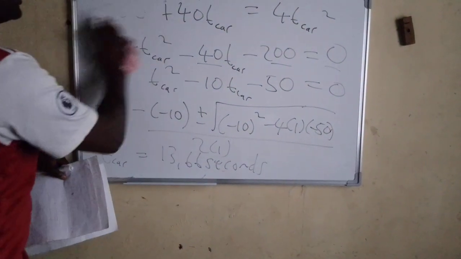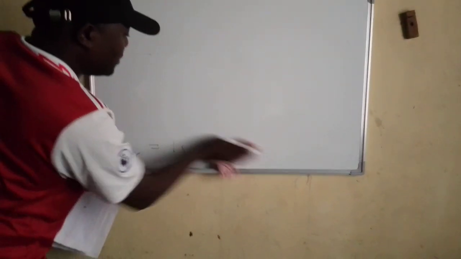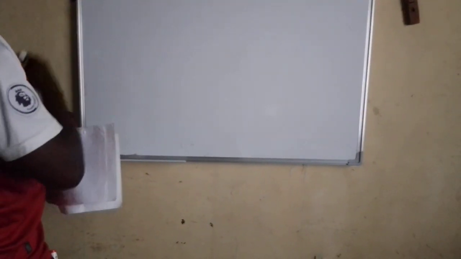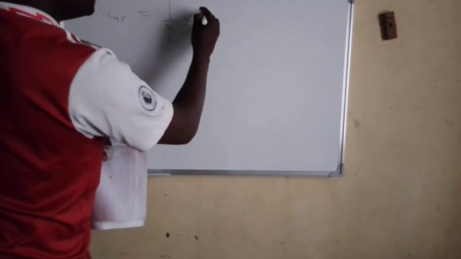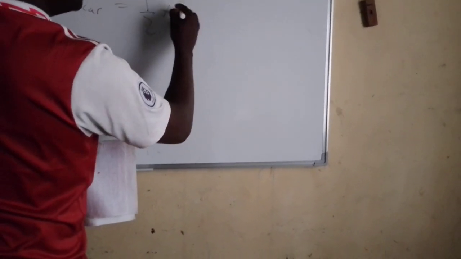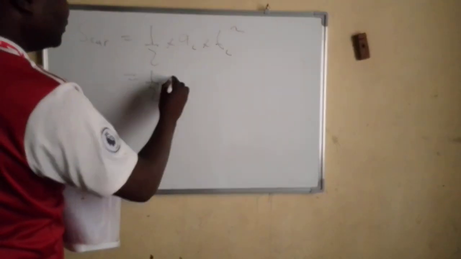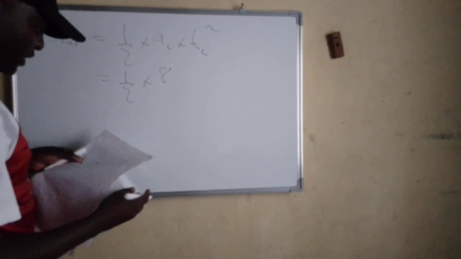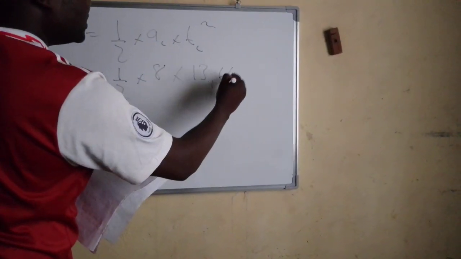Right? So the displacement traveled by the car will be half the acceleration of the car times the time squared, which would be half times 8, the acceleration of the car, times the time, 18.66 seconds, squared.